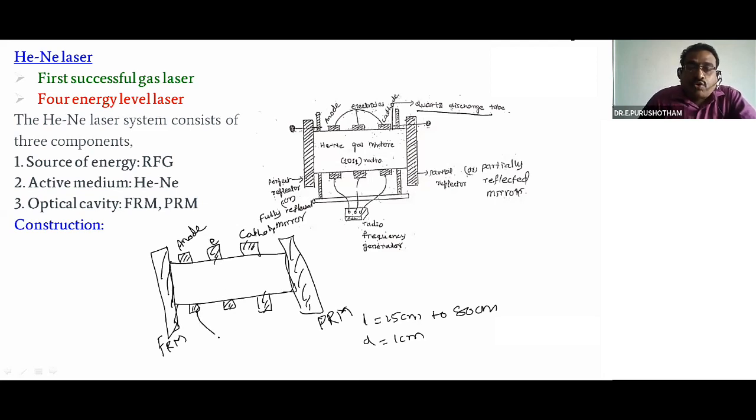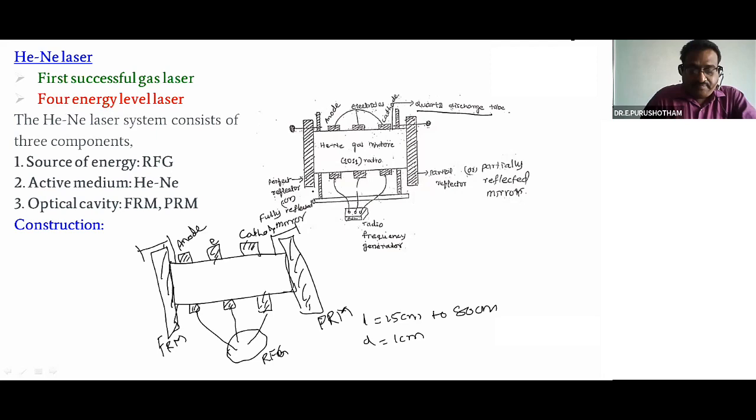These 3 electrodes are connected to the radio frequency generator. This radio frequency generator discharges the helium neon gas mixture. It also has an adjustment arrangement.